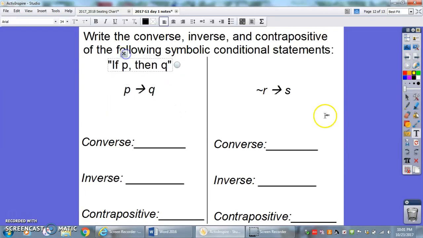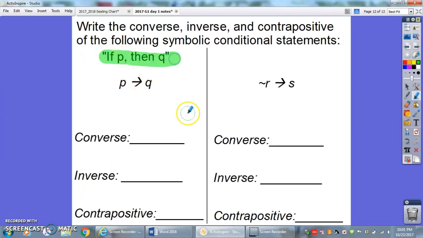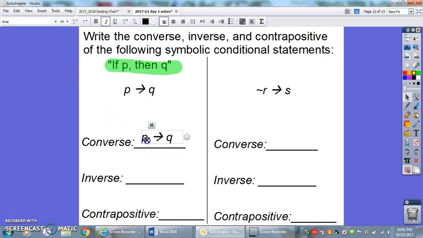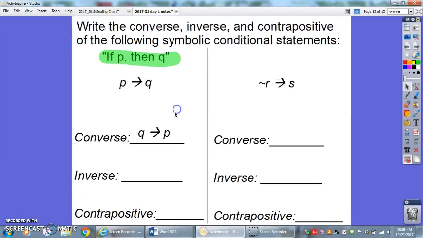That's important. You can write that down. So to write the converse, we're going to switch the order. So that means my Q comes first. I'm going to duplicate that and just rearrange. So I'm going to put Q, and then P. So I just had to switch the letters.